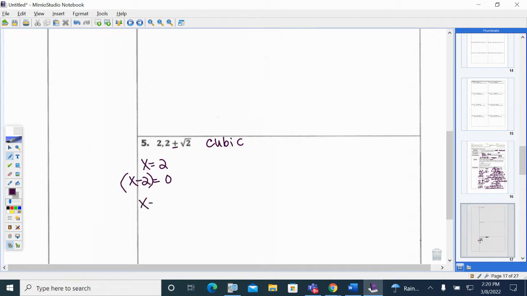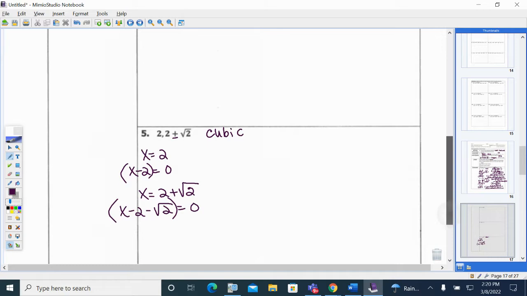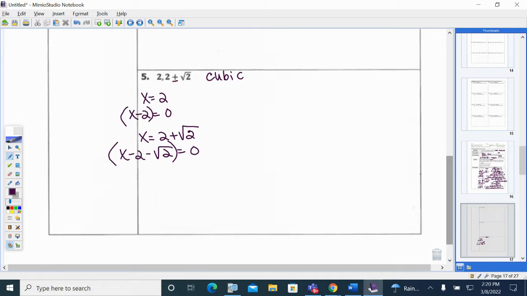The next two are a little more complicated. We need to subtract the 2 and subtract the radical 2. And there's my next factor. And then the third one, x equals 2 minus radical 2. We're still going to subtract that 2, but we're going to add the radical. And there's my third factor.